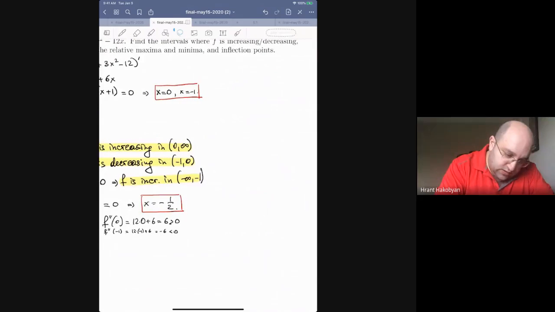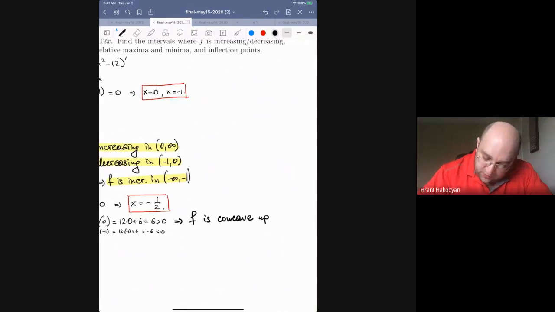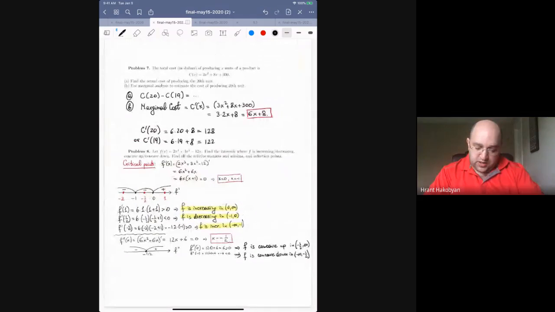What I get is that f is concave up in the interval negative 1/2 to infinity, and f is concave down in negative infinity to negative 1/2. Okay, so that's what we get.